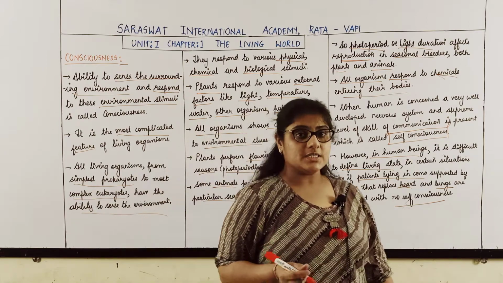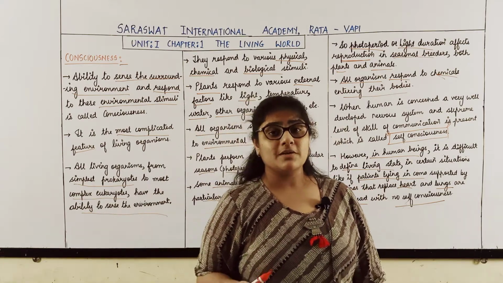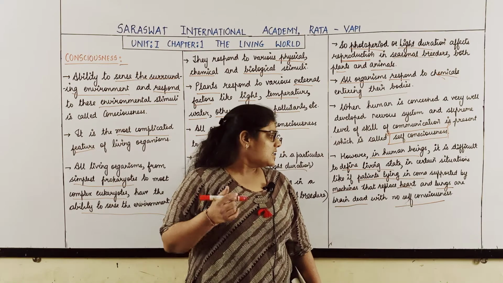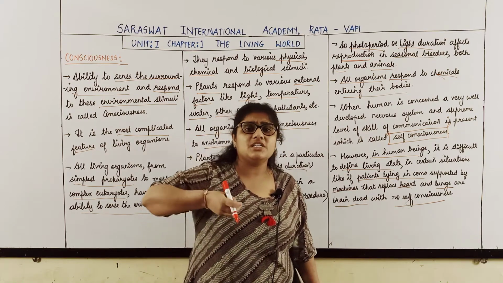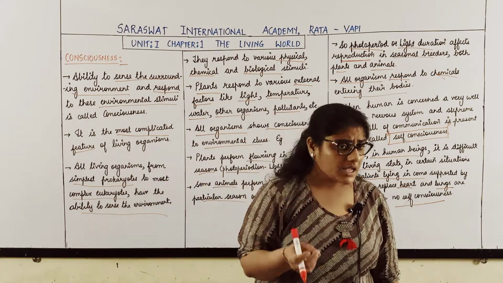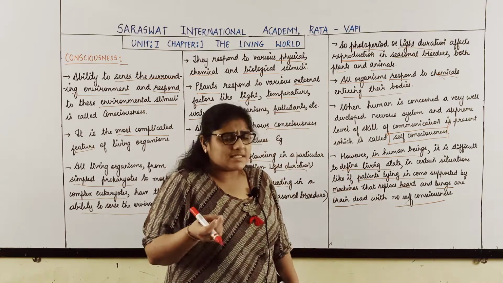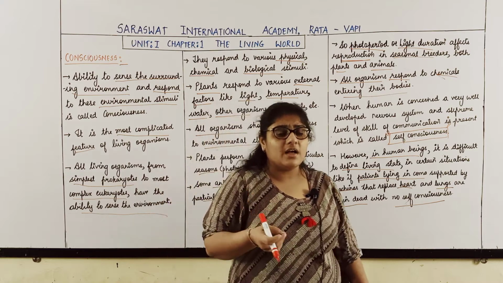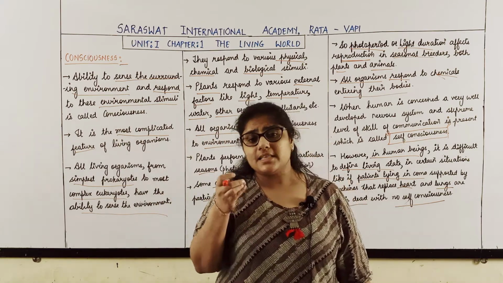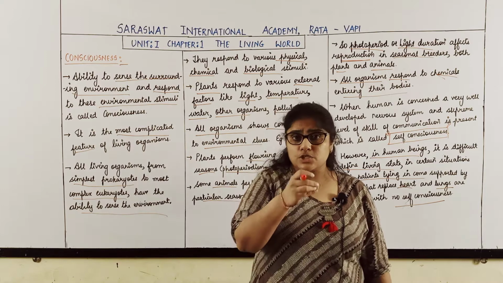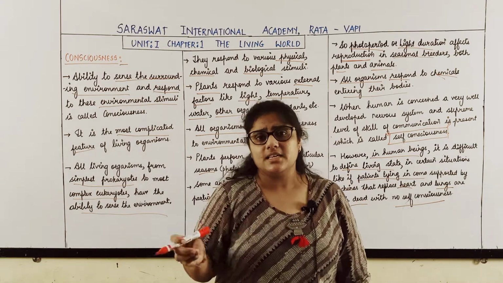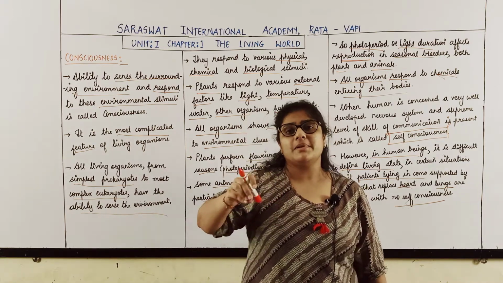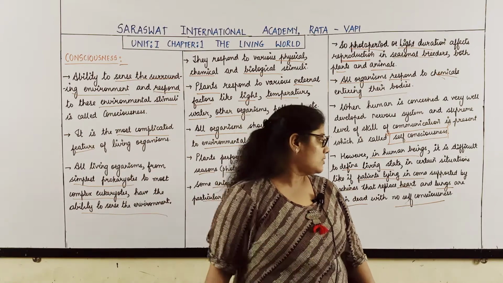So students, there are certain human beings in whom it is difficult to define the living state, like certain patients who are in coma, supported by machines. These machines do the work of the heart and lungs. So basically, machines replace the heart and lungs of those patients.